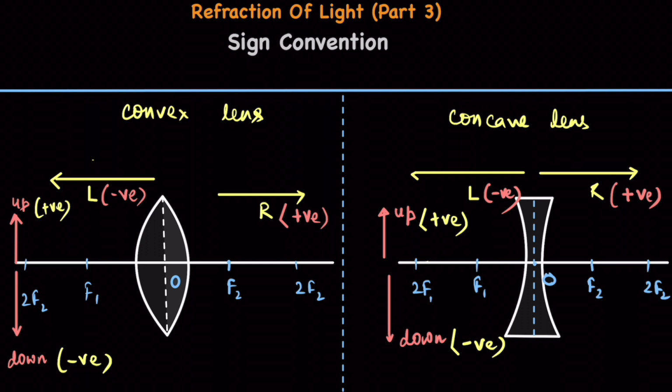In graph, if this is our y-axis and here is the x-axis and this is the origin, we know that x-axis is positive on the right side and negative on the left side, and the y-axis is positive on the upside and negative on the downside. So by this method we can also remember the sign convention.